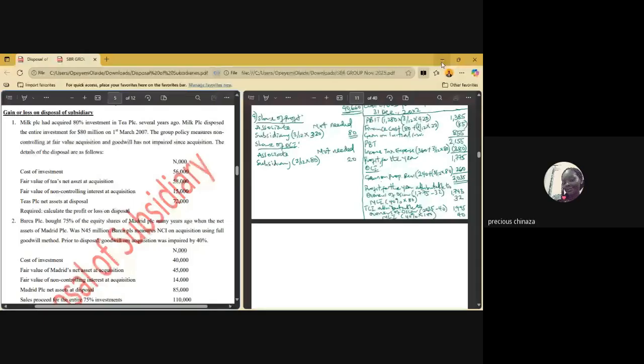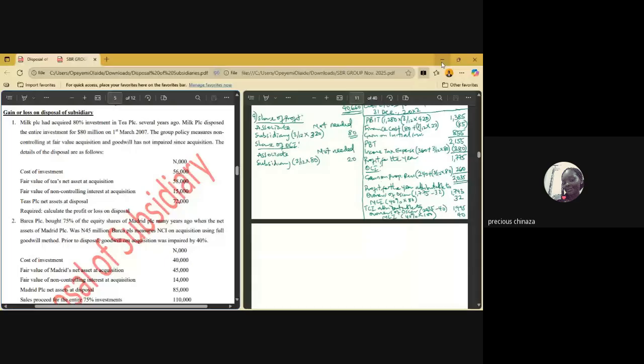Required. Calculate the profit or loss on disposal. Milk PLC had acquired 80% investment in Tea PLC several years ago. Milk PLC disposed of the entire investment for $80 million on 1st March 2007.